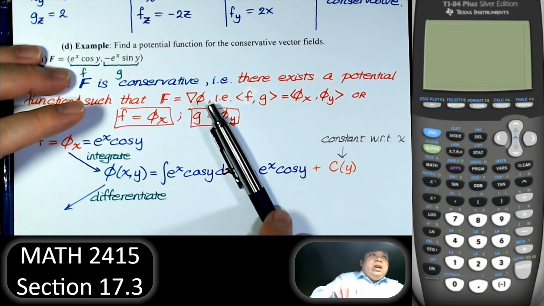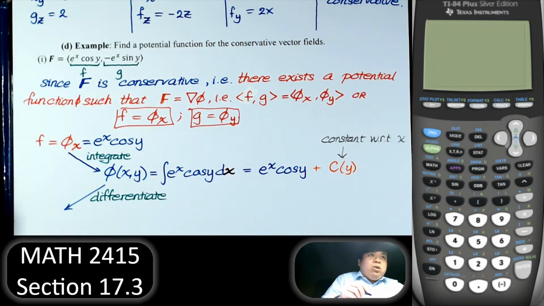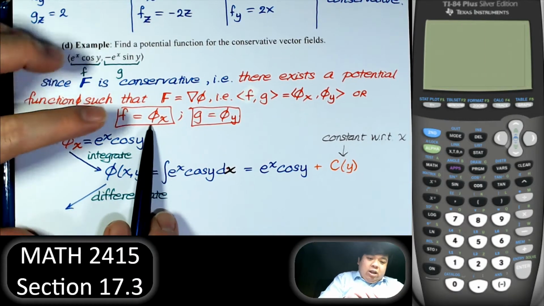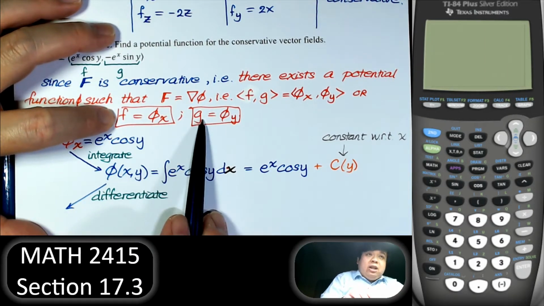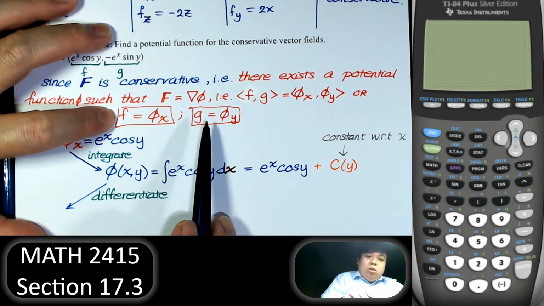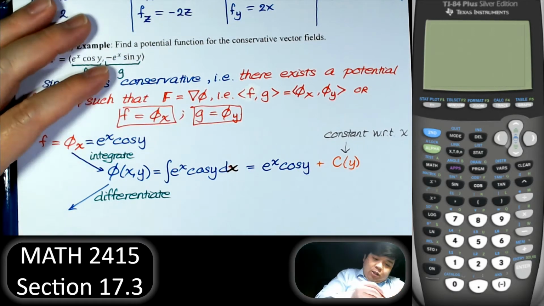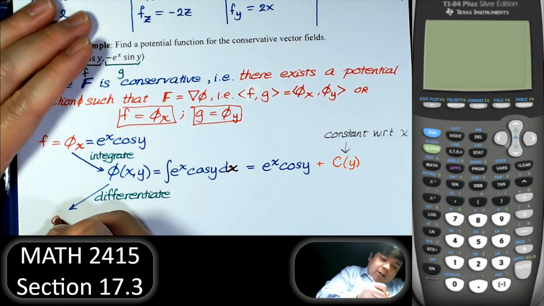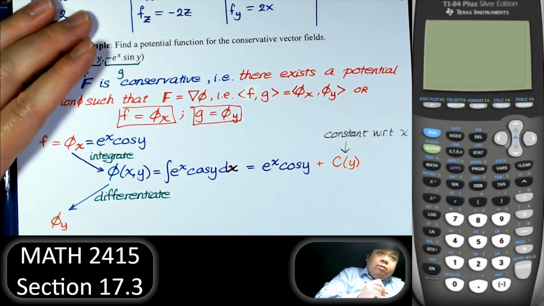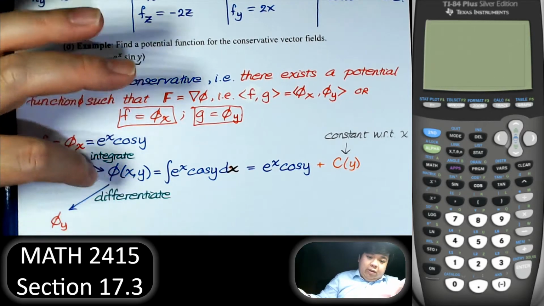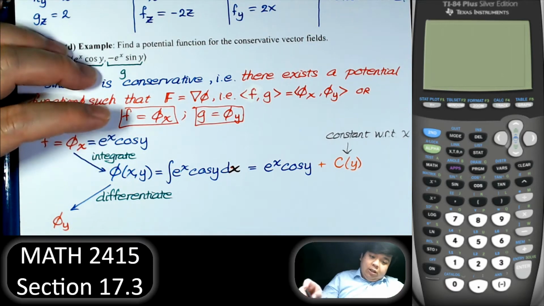So we will differentiate with respect to what? Now, we start with this condition. Now we'll differentiate so that we'll have this condition. So we will have the derivative of this with respect to y.